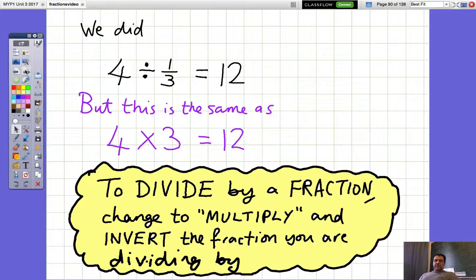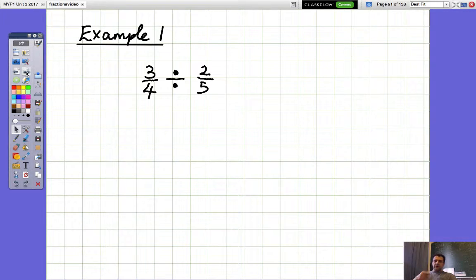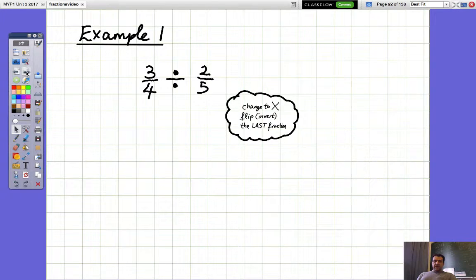So that gave us a rule to divide by a fraction: change to multiply, and invert the fraction you are dividing by. Invert means just flip it over. So for example, 3/4 divided by 2/5. Change to times and then flip or invert the last fraction, just the last one, not both of them.